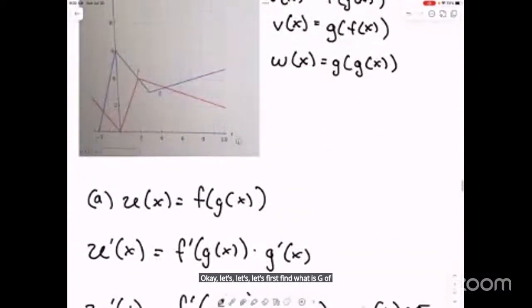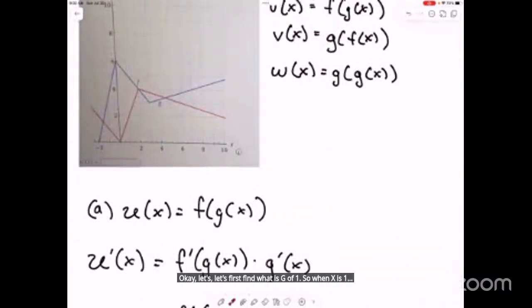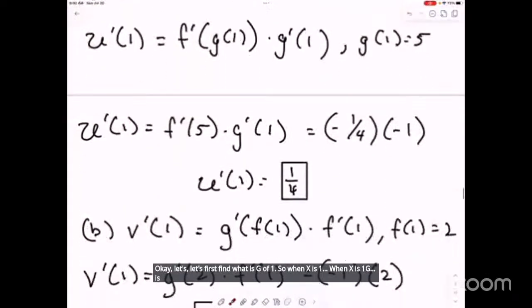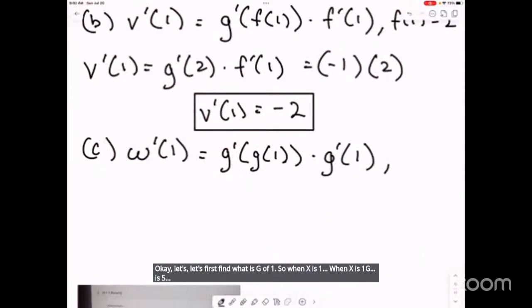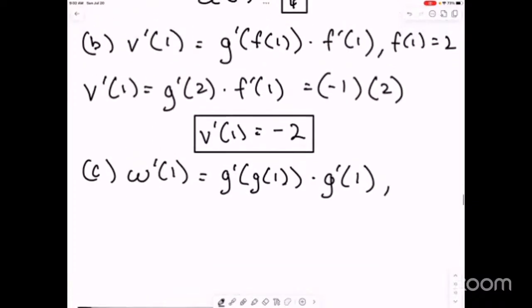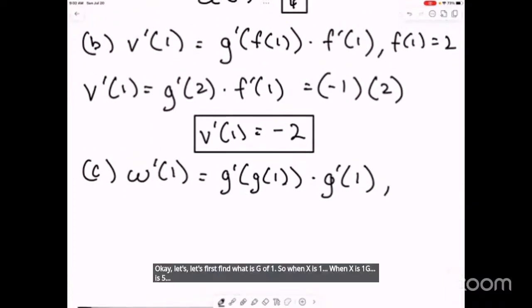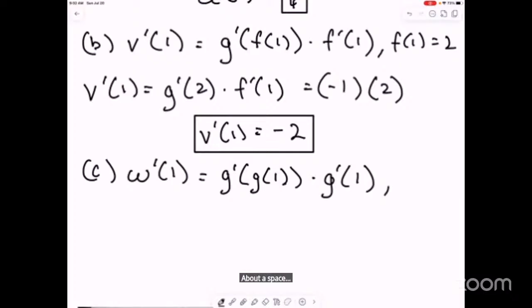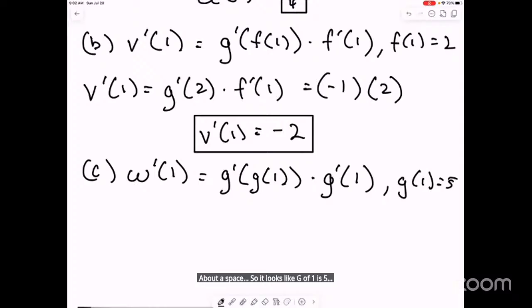So when x is 1, g is 5. I think I'm out of space. So it looks like g of 1 is 5.